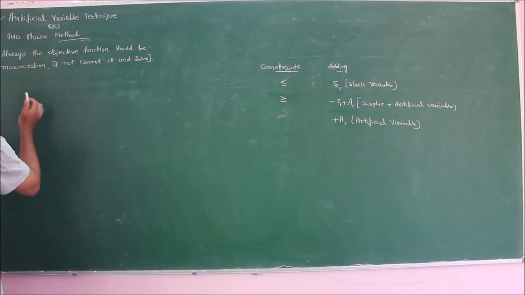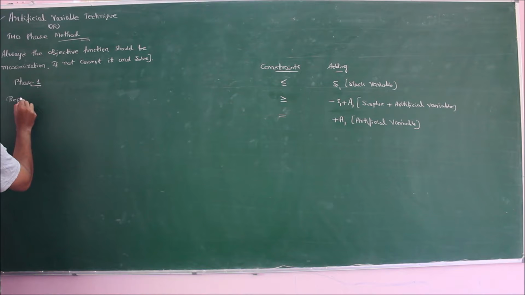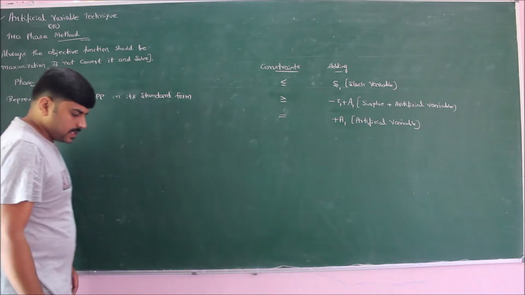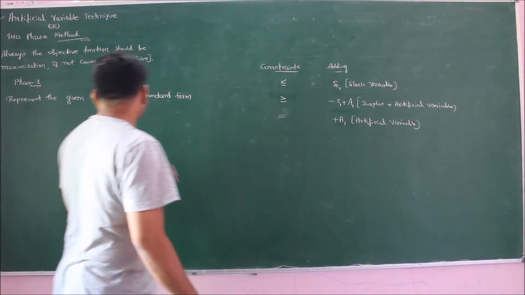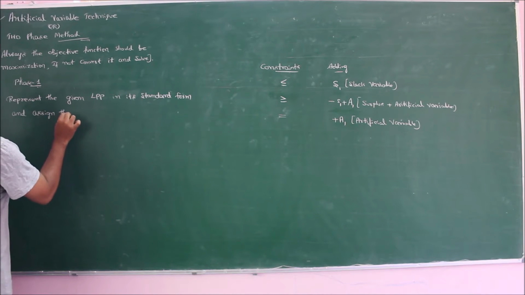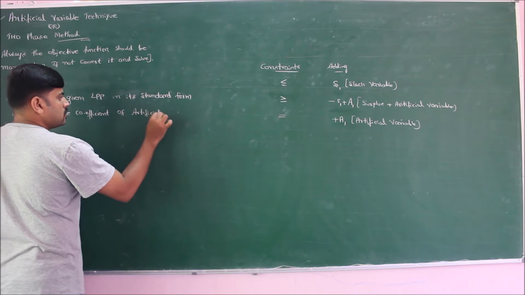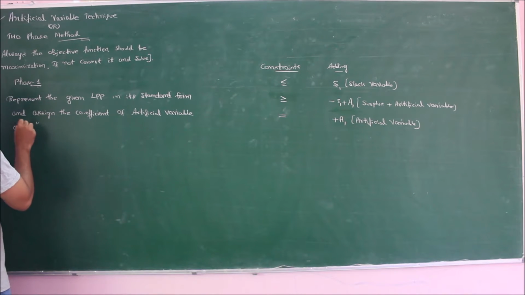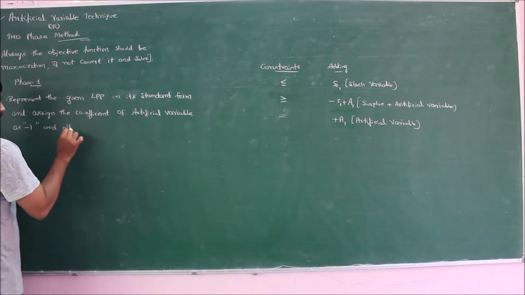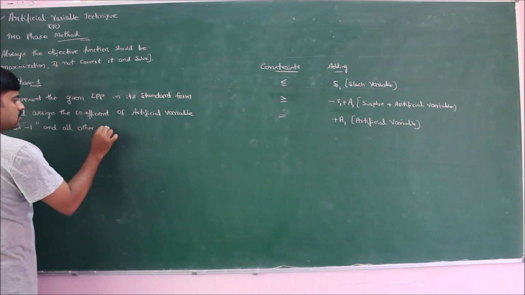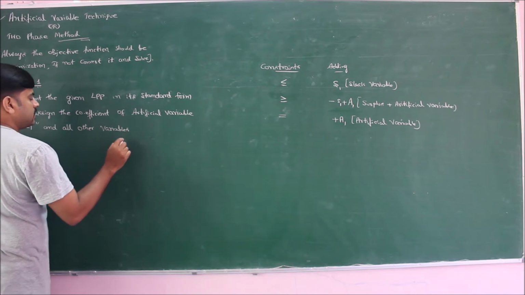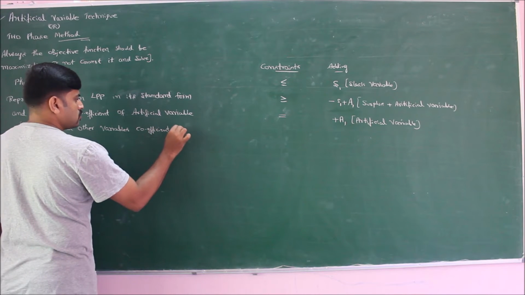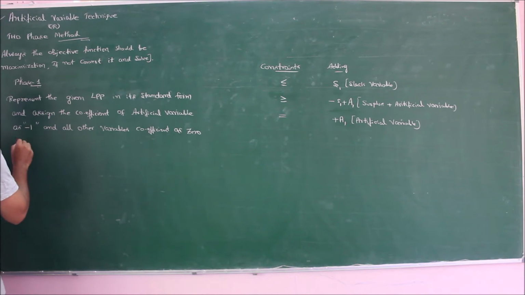Let me clearly explain the procedure to solve the problems in two-phase method. In phase 1, represent the given LPP in its standard form, which we have discussed in lecture 1 of this module 2, and assign the coefficient of artificial variable as minus 1 and all other variables coefficient as 0 in the objective function.